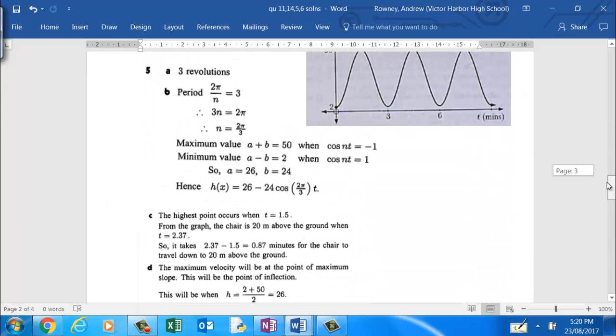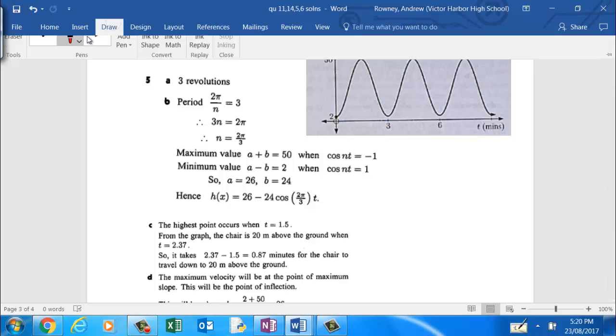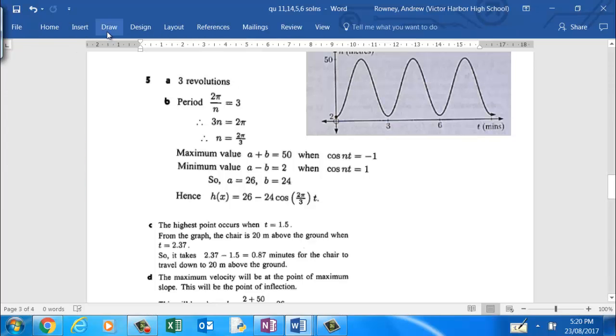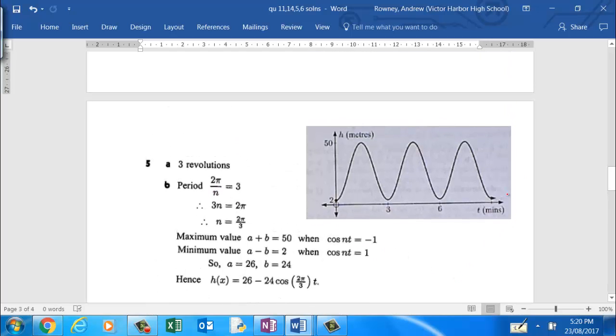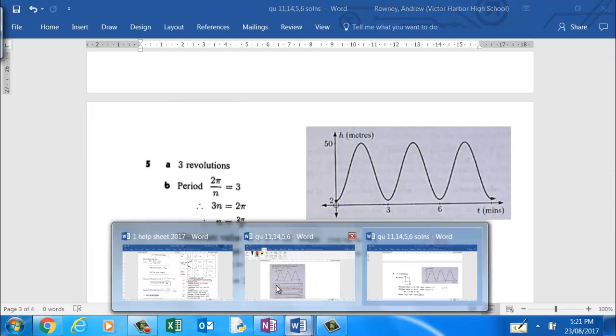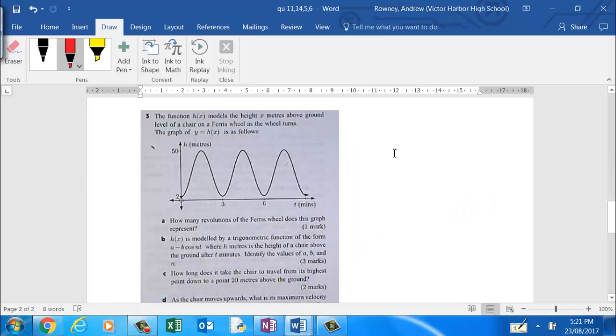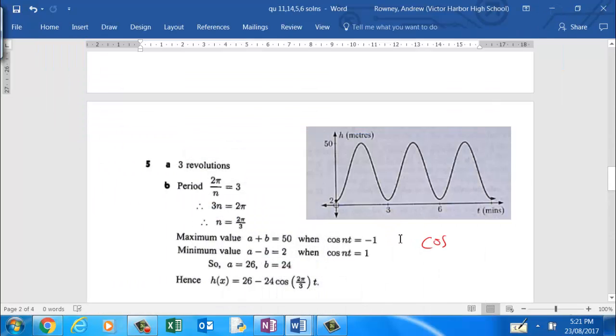Okay, so we've got here the period. The function that they gave us was A take B cos nt.